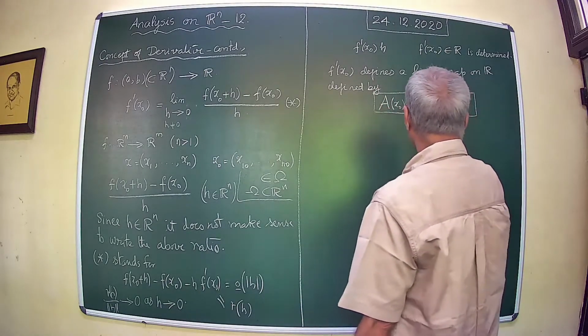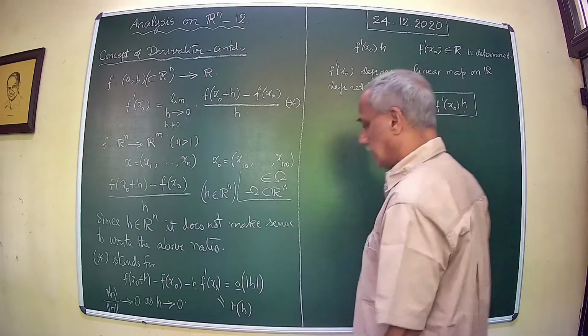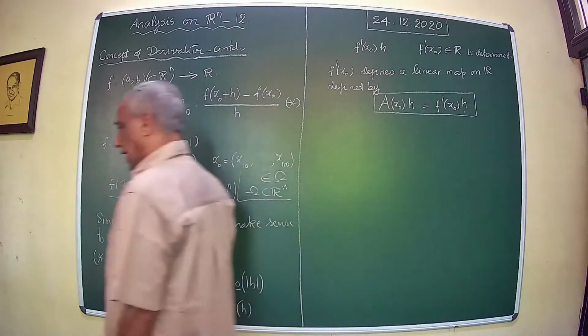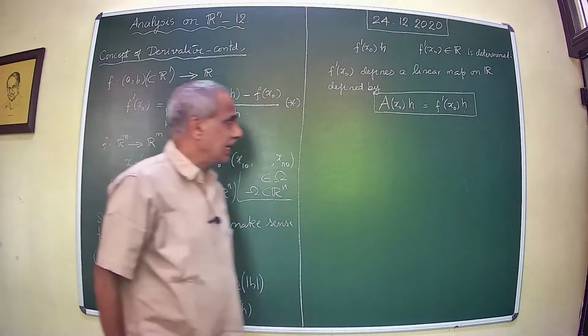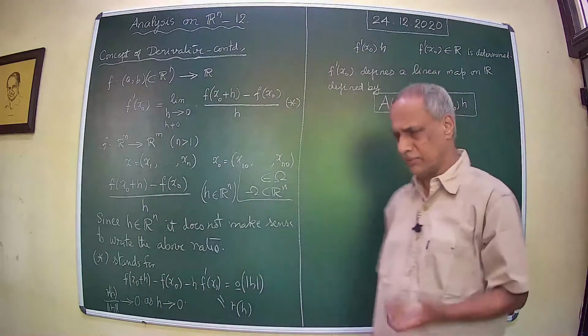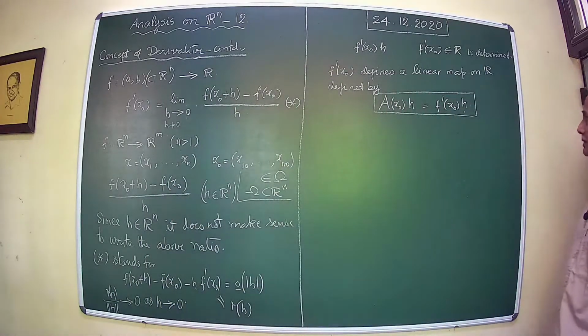Therefore, f dash x naught h is now interpreted as a linear transformation or a linear operator. And that of course depends on x naught. It's not the same thing. So this is what you have.